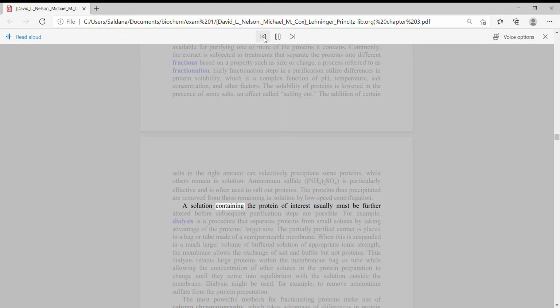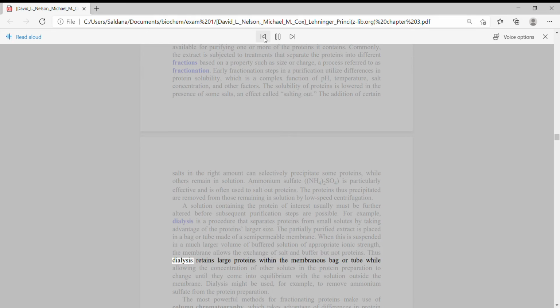A solution containing the protein of interest usually must be further altered before subsequent purification steps are possible. For example, dialysis is a procedure that separates proteins from small solutes by taking advantage of the protein's larger size. The partially purified extract is placed in a bag or tube made of a semi-permeable membrane. When this is suspended in a much larger volume of buffered solution of appropriate ionic strength, the membrane allows the exchange of salt and buffer, but not proteins.